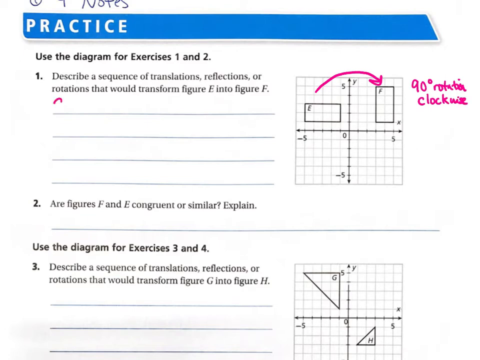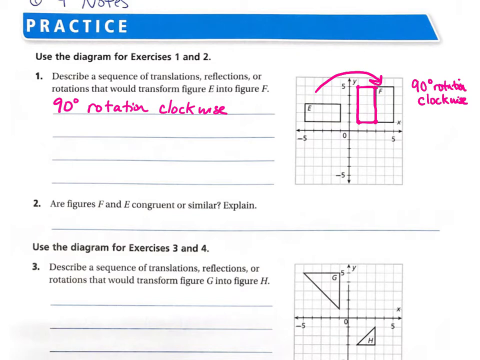So I'm going to go ahead and note that as one of my transformations. It's not all, but it is one. And if I do that, I can note that it will end up right here. So this is the rectangle E after it went 90 degrees clockwise. And then we could think what else might have happened.